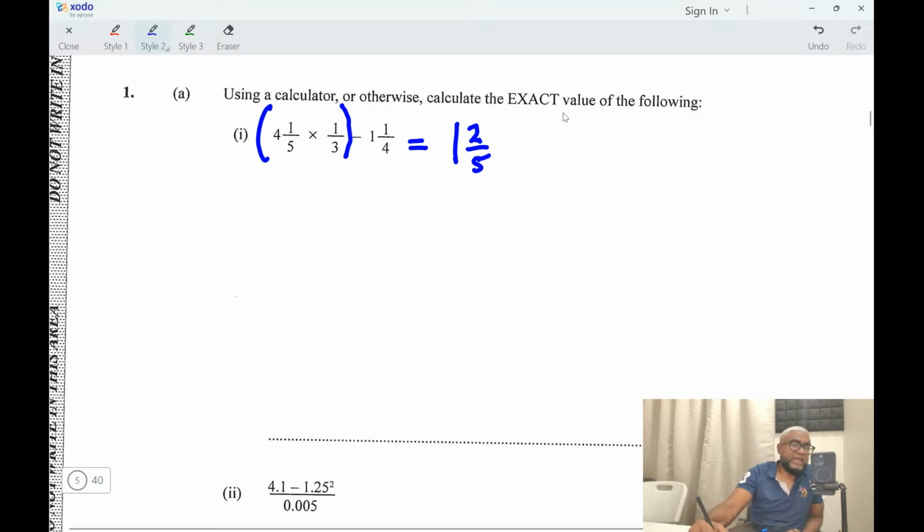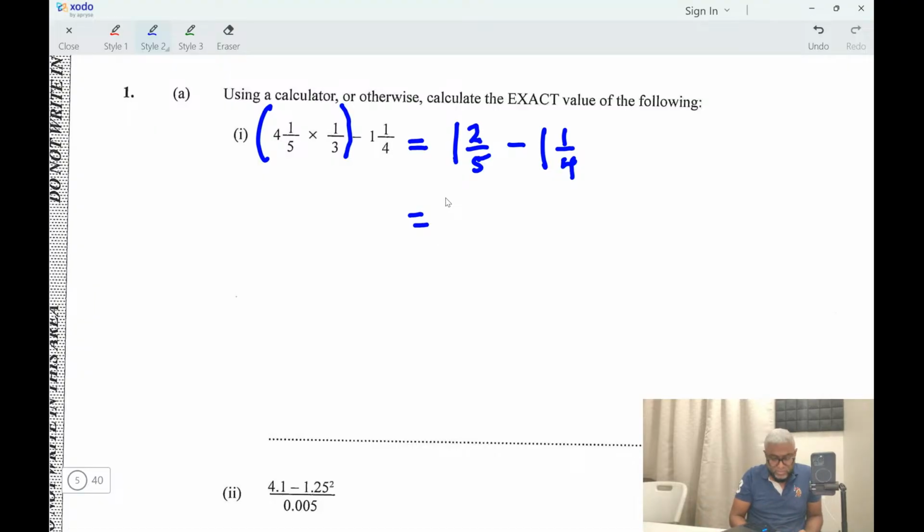Then I proceed to minus 1 1/4. When I do this, I get 3 over 20. That's my answer for part E1.